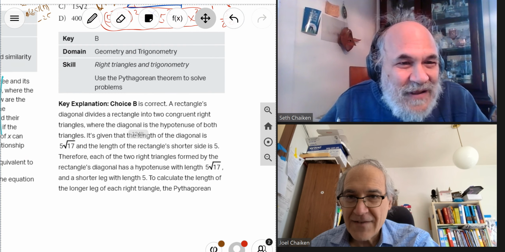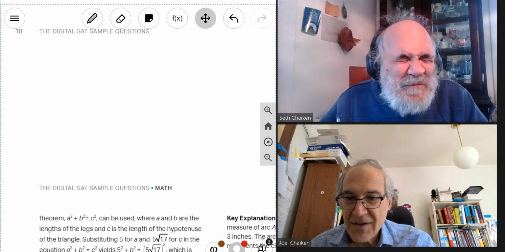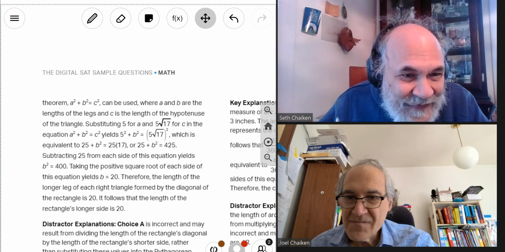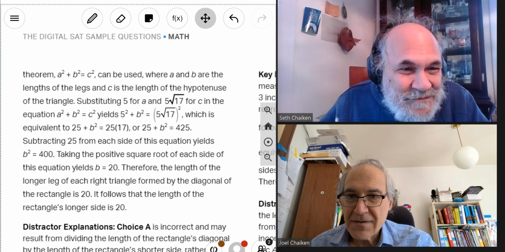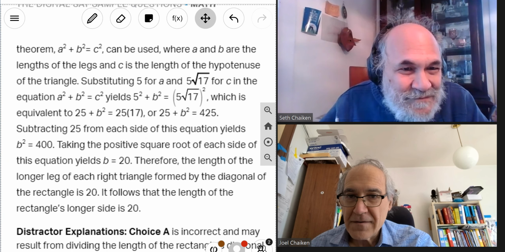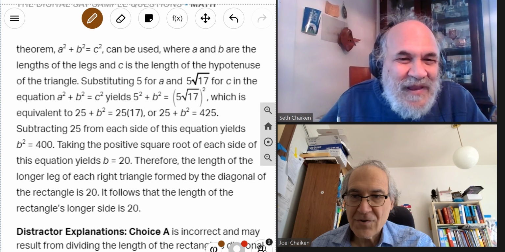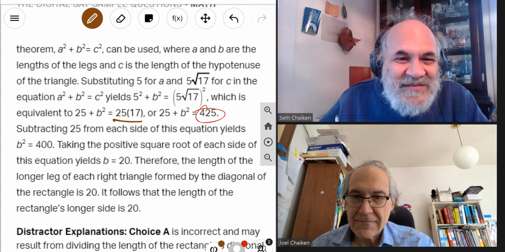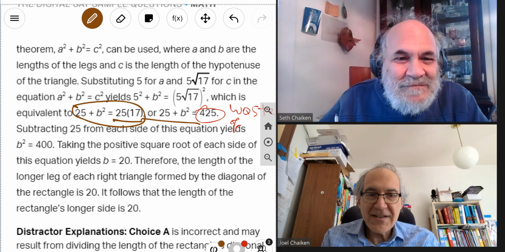Now, oops, we have to move somewhere else. Let's see. Oh, here it is. Okay, let's see how they do it. Which is equivalent to this. So they're doing it the normal way. Yeah, what a waste. Well, that was completely expected.